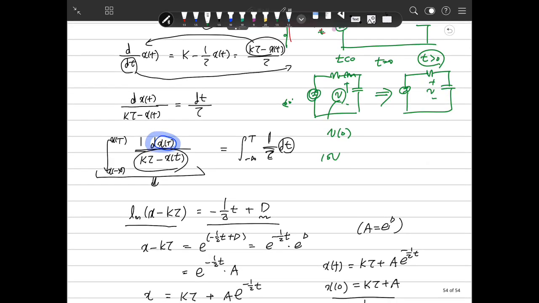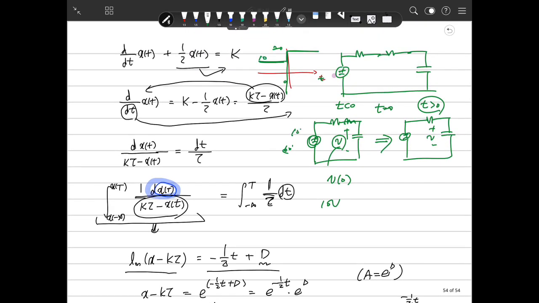Because here it is 10 volts, V0 will be 10 volts. Then in this instance the voltage source changes from 10 to 20, so V infinity will be 20 volts. So the capacitor voltage will change from 10 volts to 20 volts.